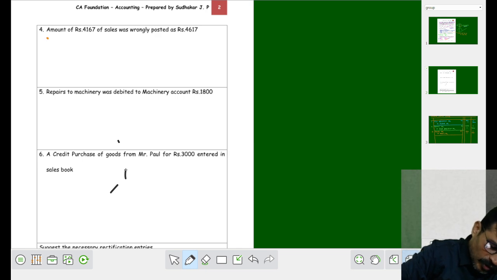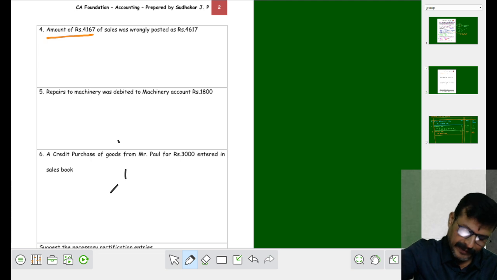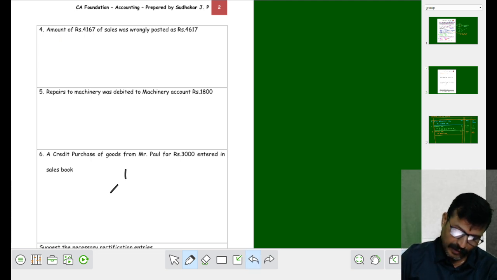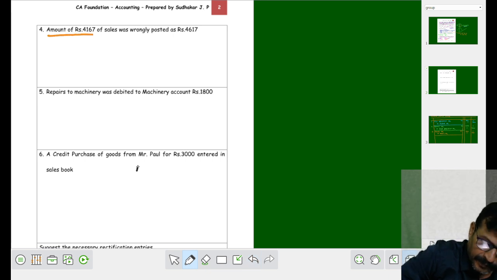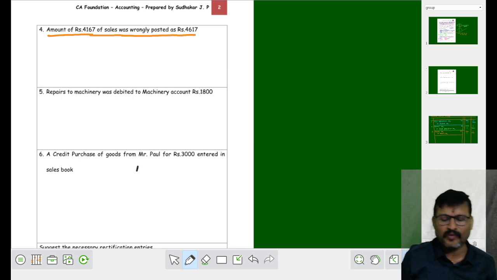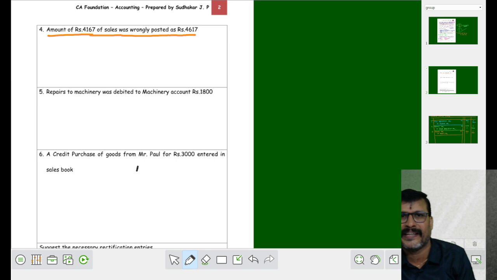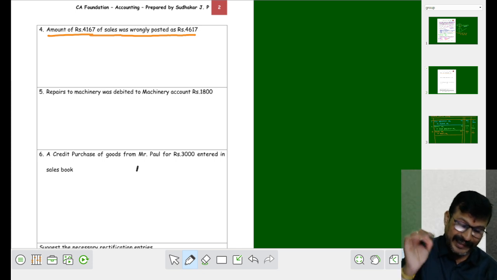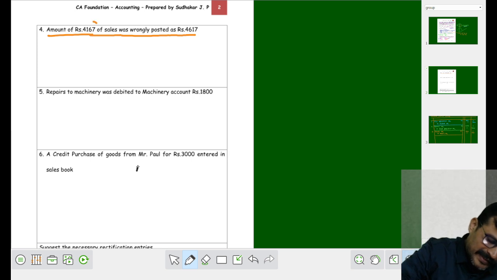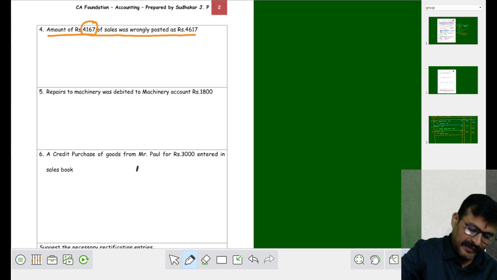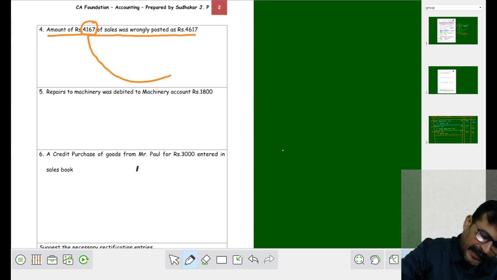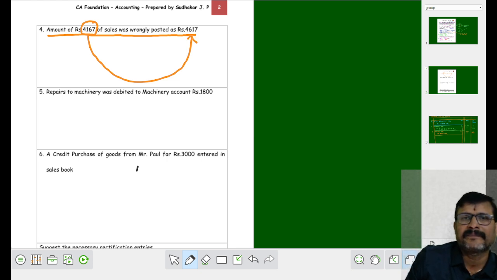Amount of 4167 of sale was wrongly posted as 4617. First, let me see the number. Instead of recording 4167, they have recorded it as 4617.